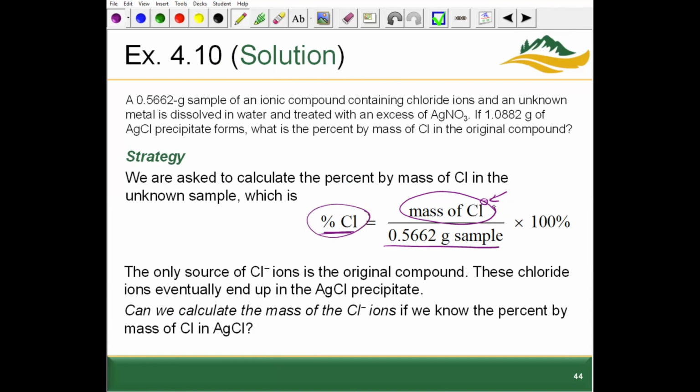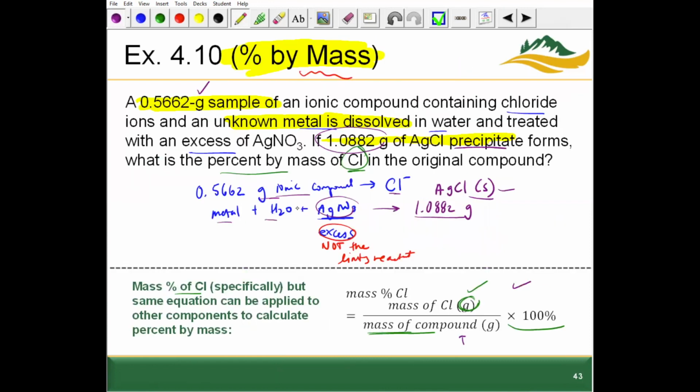To solve for this Cl minus amount, we need to think about what sources of Cl minus there are in our setup of the problem. The only source of Cl minus ions is that original compound, right? These chloride ions eventually end up precipitating and forming AgCl solid. So back here we have our ionic compound with metal and water.